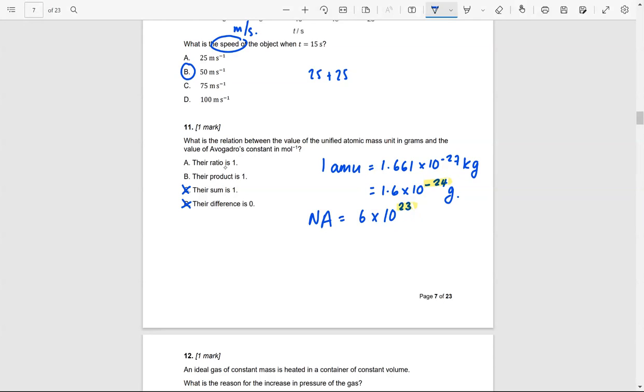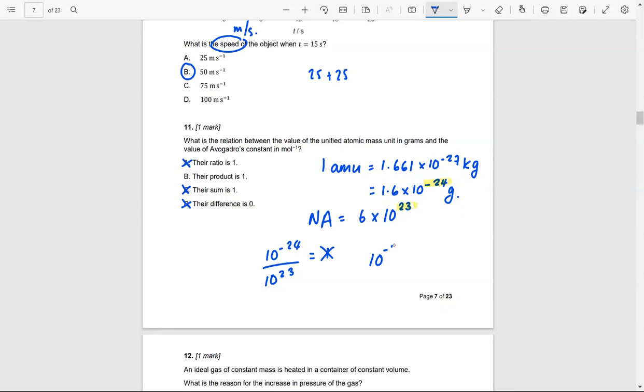Their ratio is 1. So what that is saying is if you had 10 to the minus 24 divided by 10 to the 23, that equals 1. It doesn't. Okay. So B, their product is 1. Roughly, yes.